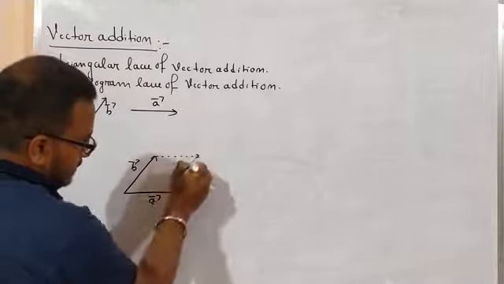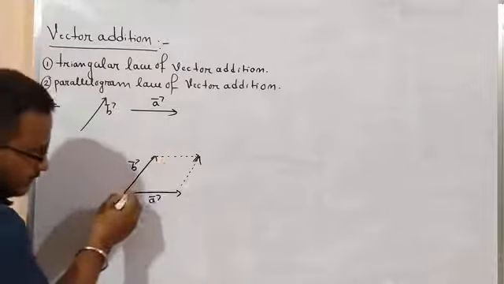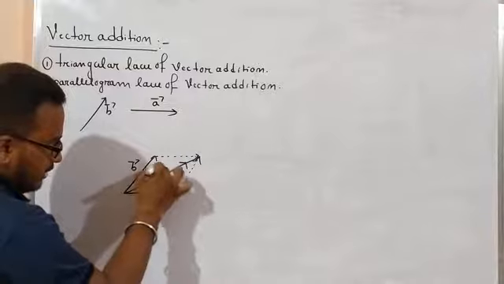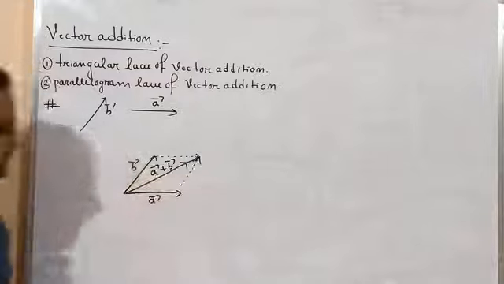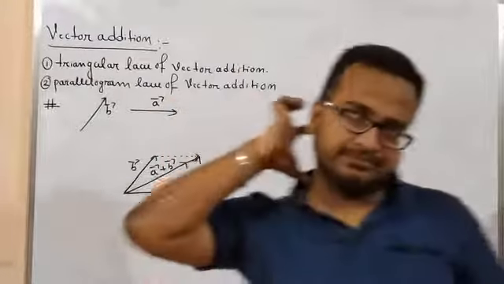Two diagonals are there, but you have to take this one. So this diagonal gives you A vector plus B vector. This is the parallelogram law of vector addition.